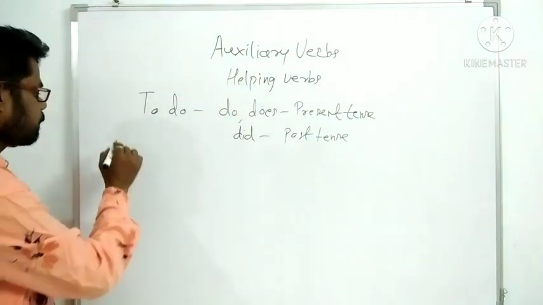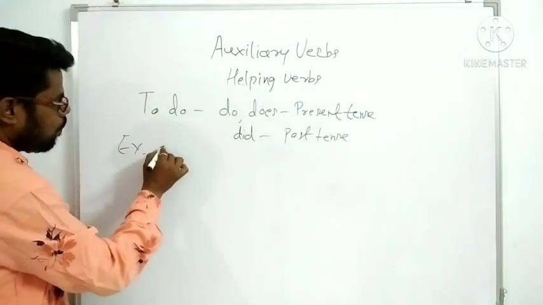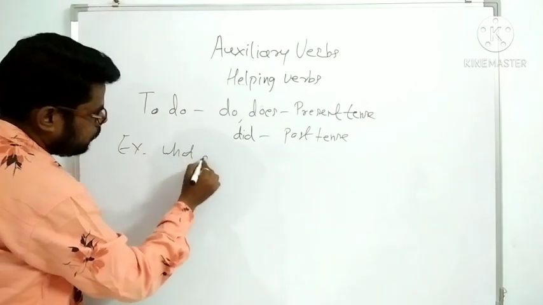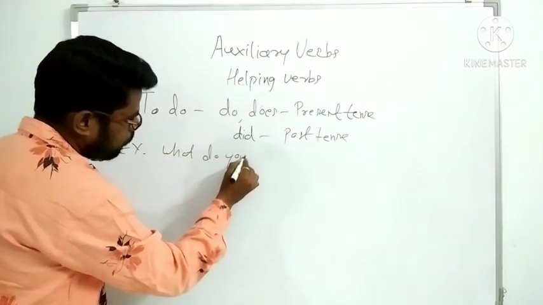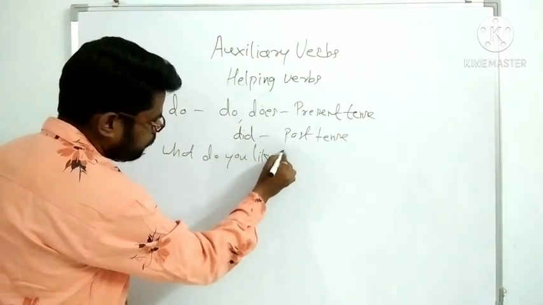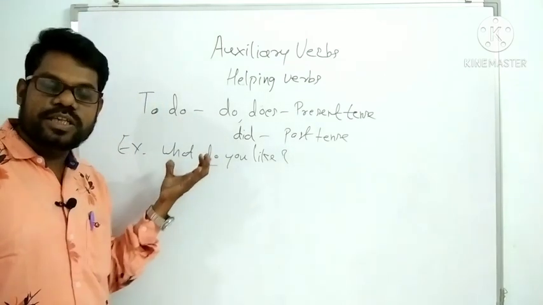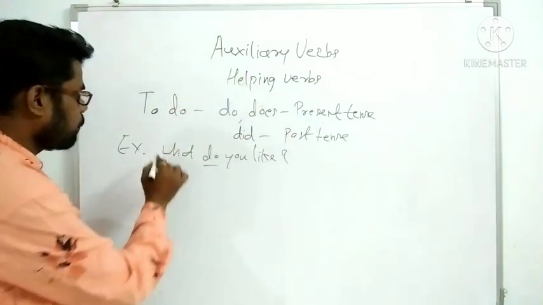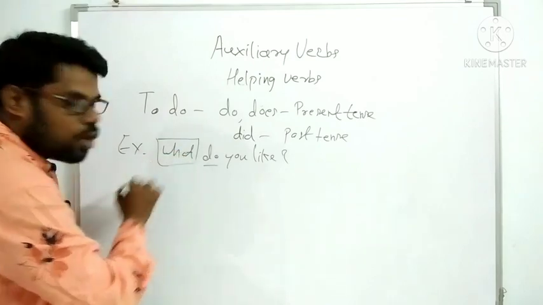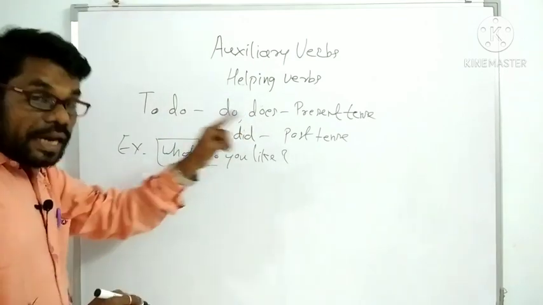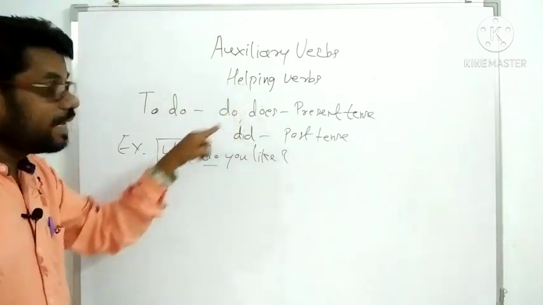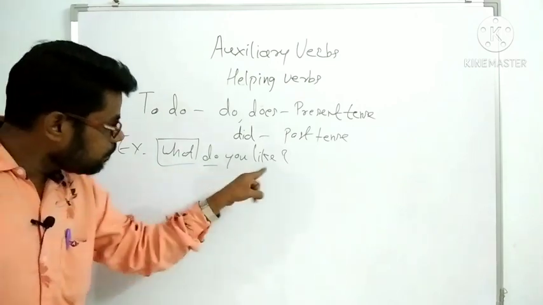See with example, see here, what do you like? See the question. I used here do to make a WH question. See, that helping verb do also indicates present tense. Okay, it is in simple present.